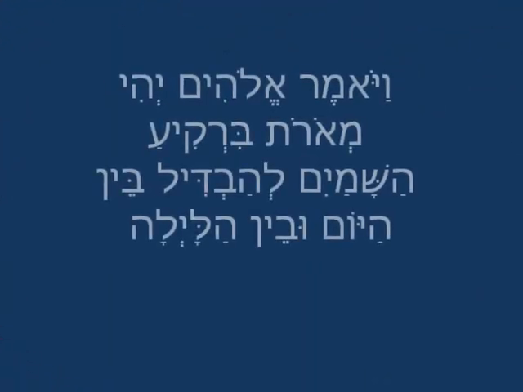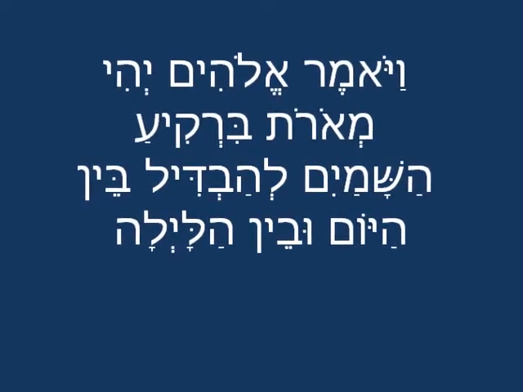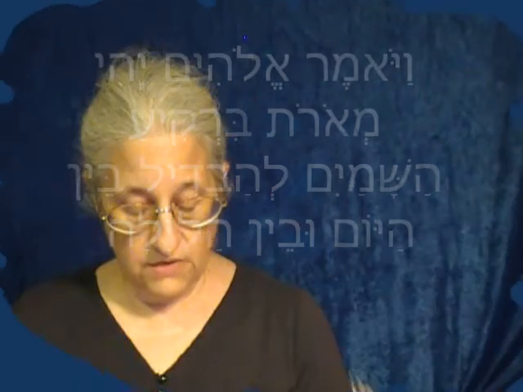Harakia takes a kamatz because of the resh. The resh is one of the guttural letters. In verse 14, we see about the day and the night. To divide ben hayom uven halayla, the yud and the lamed both lead us to the patach, the day and the night.